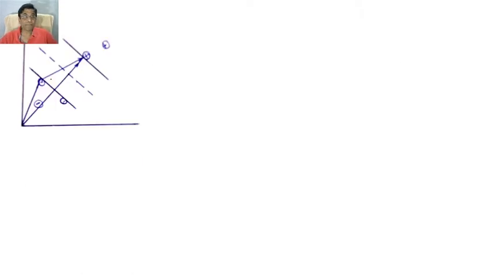Now, if this vector is known to me, here everything is a vector. That's why it's called support vector. These are the samples.